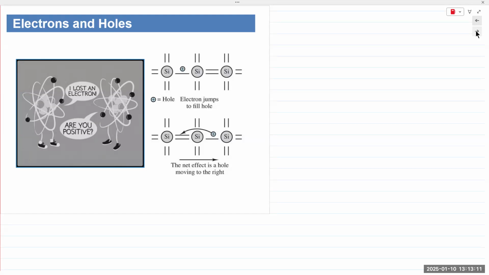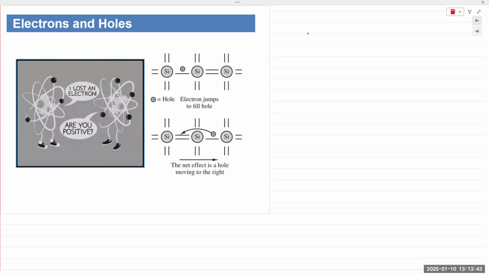And because it has moved out of a spot, the atom has lost an electron, but that electron originally also had a corresponding proton in the nucleus that is not free to move around. So it helps to treat that hole as a particle in its own right, and we assign a positive charge to that particle.